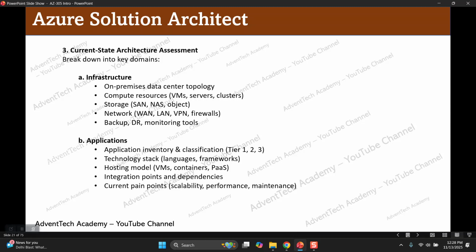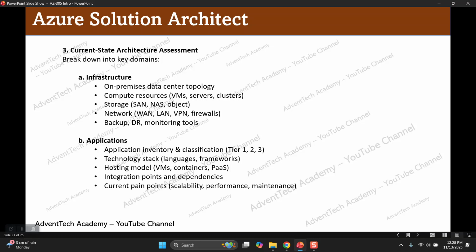So we have to run the assessment to collect all the details regarding on-premises, regarding compute resources, regarding storage, network, and backup and DR. Applications. So we have to identify the application architecture.